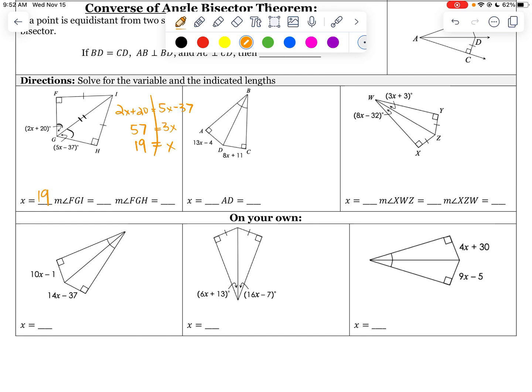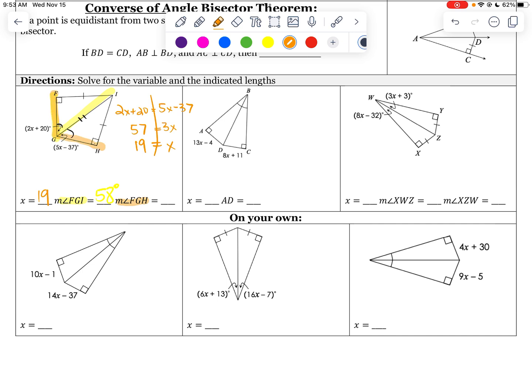And then the measure of FGI, we're just going to plug it in. We should get the same answer both times. Let's triple check. So 2 times 19 plus 20 is 58. And then FGH is going to be the whole thing.